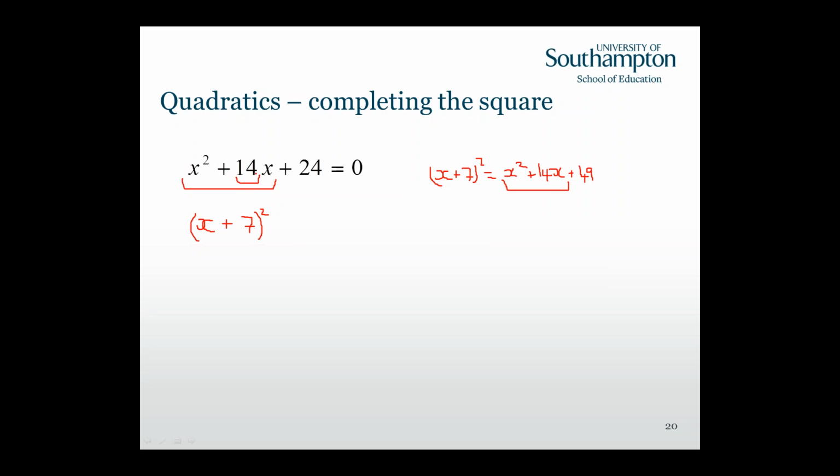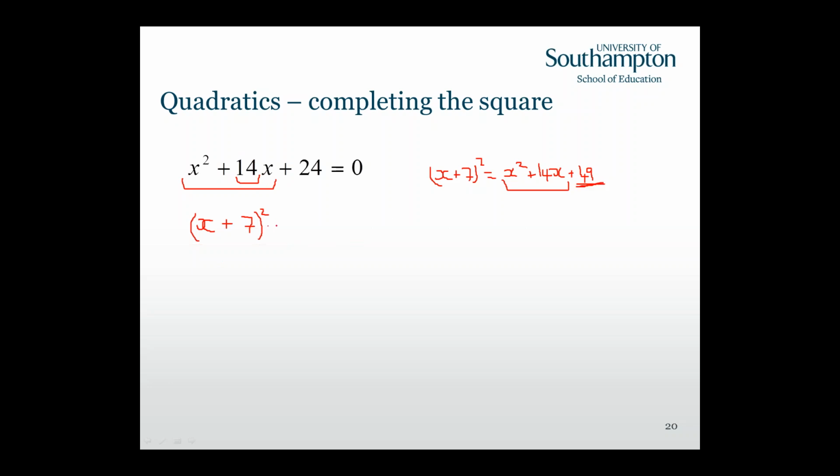So that's why we halved it, because we were basically doing a bit like the split, factorise, collect thing. We were splitting this term in two, because we know that if we split it in two, the 7x and the 7x, when repeated, will give us back our 14. Then we've got this issue that we've got this extra bit though.